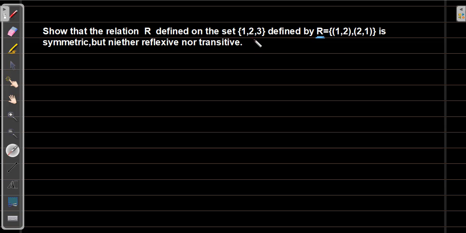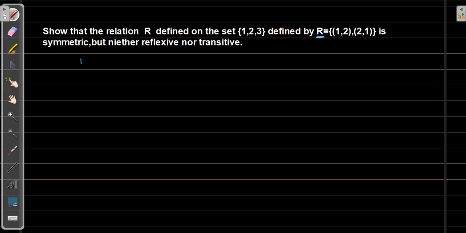And then and only then we will say that the relation is reflexive. But in this relation, 1 is related to 2, 1 is not related to 1. Again, 2 is not related to 2 here, and 3 is not related to 3 here. Therefore, our relation will not be a reflexive relation.